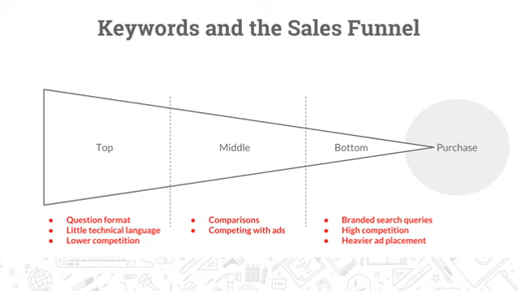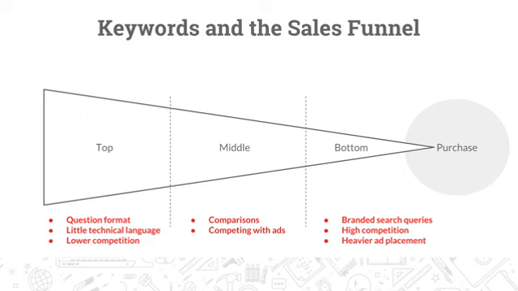They tend to have very low technical language. They're not using the correct terms. So if you're in a highly technical field, the queries people use as they're trying to learn about their problem are not going to use the correct technical language. And there tends to be lower competition in the top of the funnel queries. You're not going to see a lot of ads because it's harder to target those people, since they are such broad types of queries.